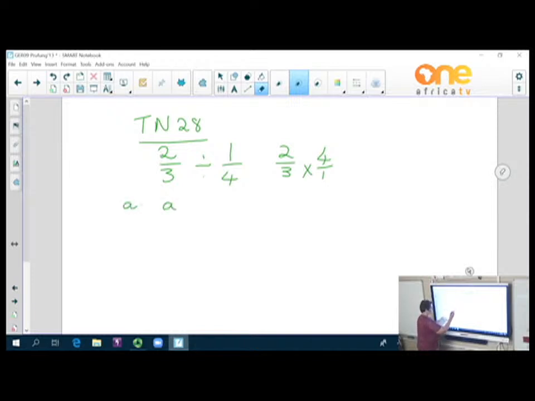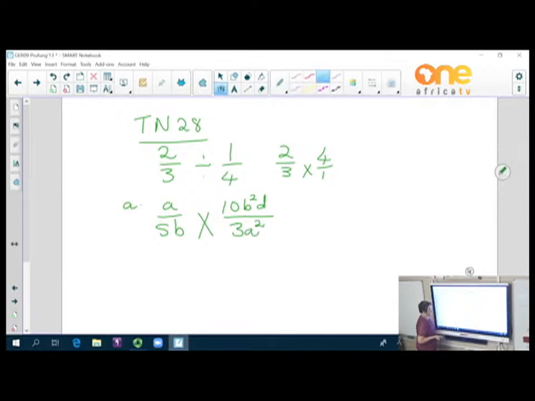It says A over 5B, and because I divide, I multiply with the reciprocal. So I already did step 1 now here, 3A squared. From there, it's exactly the same as we've been doing before. What can divide? 5 can divide into 10 twice.